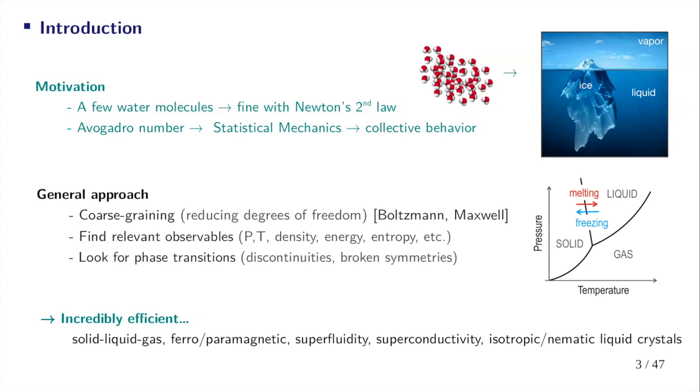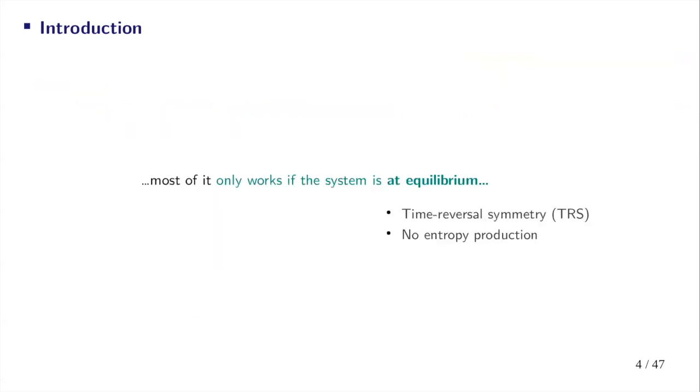But this simplistic approach only works if the system is in equilibrium, in the sense that you can forget about the dynamics and just look at the coarse-graining of the degrees of freedom, hoping to have a free energy function to study the observables. When I say equilibrium, it means that we have a time reversal symmetry and no entropy production.